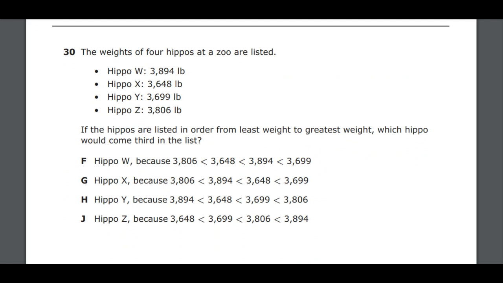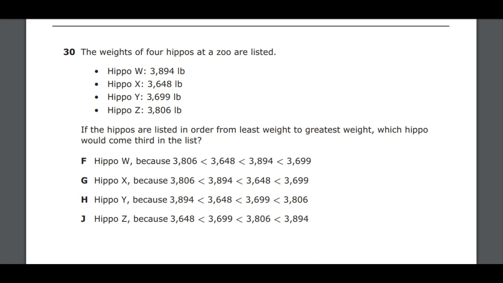F, Hippo W, because 3,806 is less than 3,648 is less than 3,894 is less than 3,699. G, Hippo X, because 3,806 is less than 3,894 is less than 3,648 is less than 3,699.